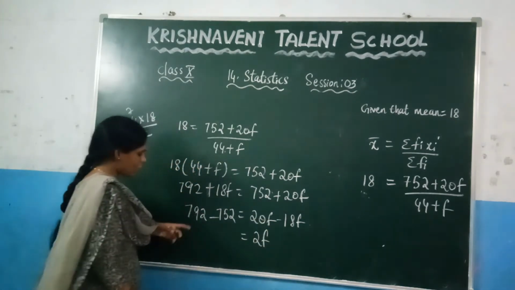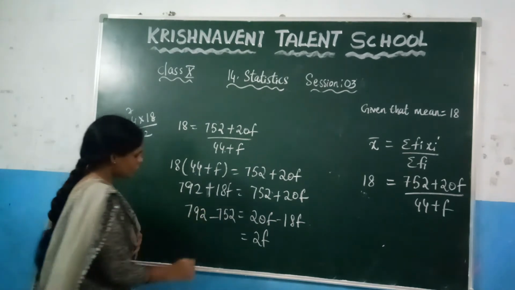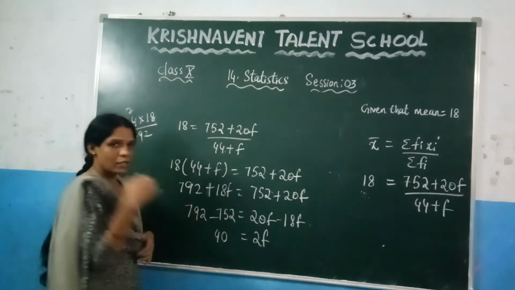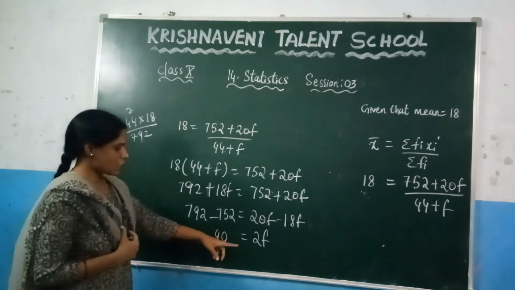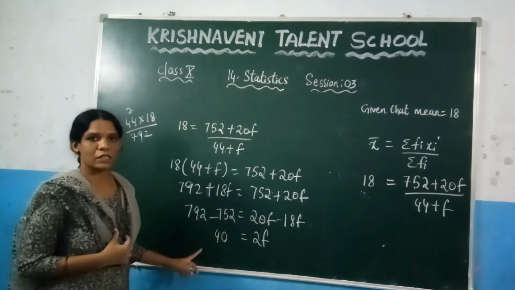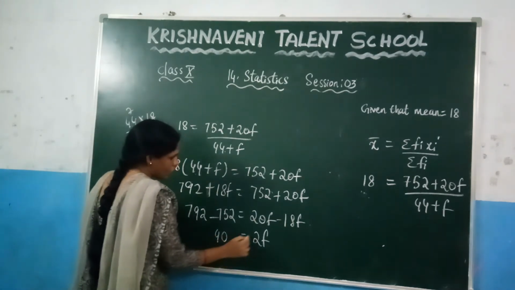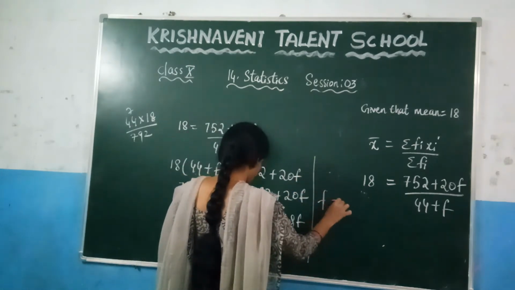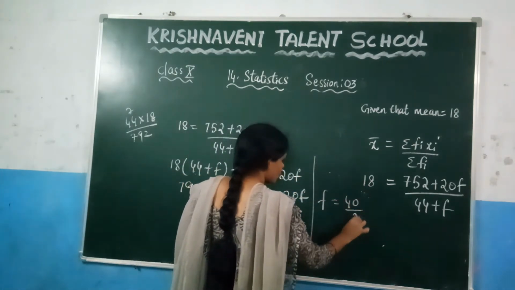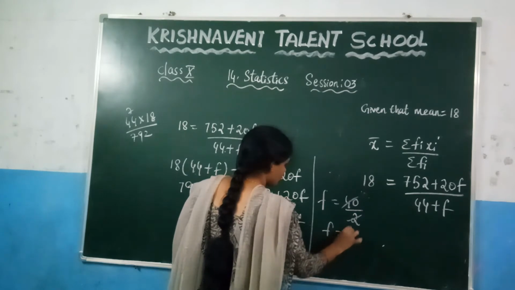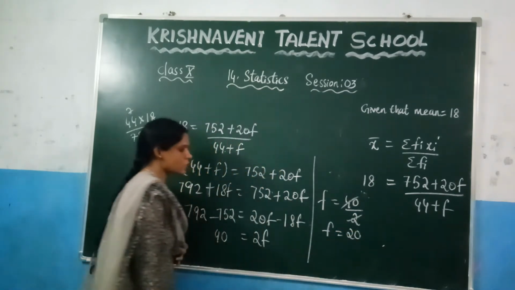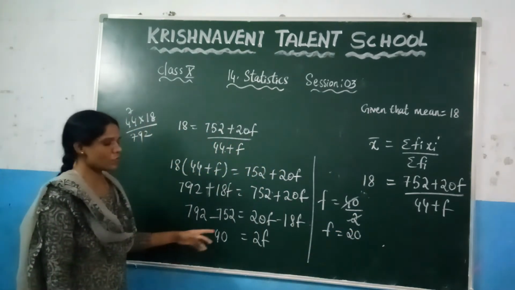And what is the value of 792 minus 752, which is 40, right? Now, here 40 is equal to 2f. If you take 2 to this side, it will become division. You will get f is equal to 40 by 2, which gives you 20. So what is the missing frequency in this problem, which is 20?